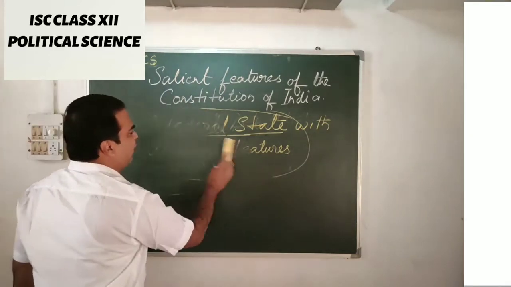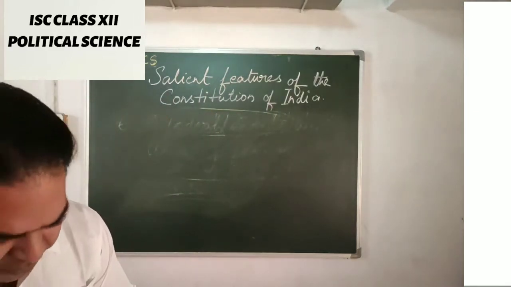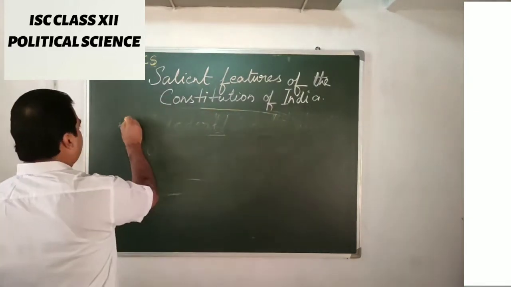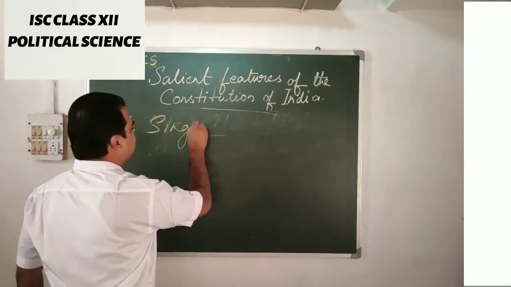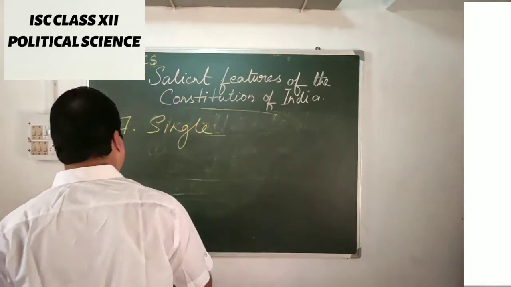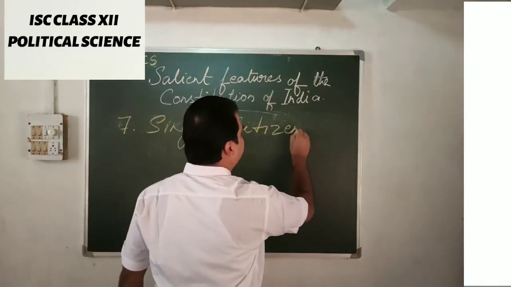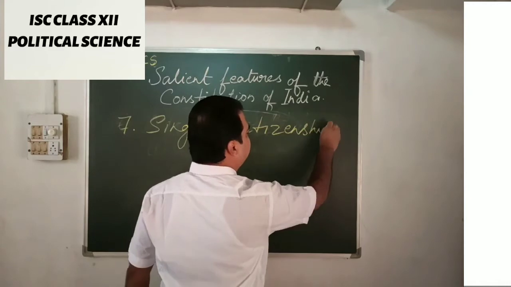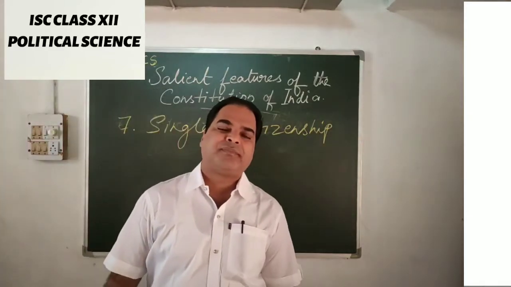Now the next important feature of our constitution is number 7, single citizenship. Single citizenship.